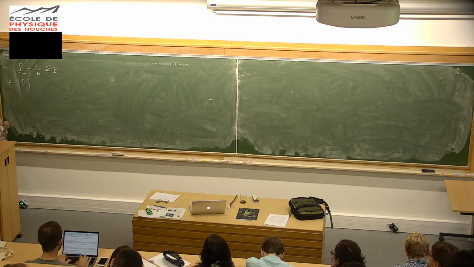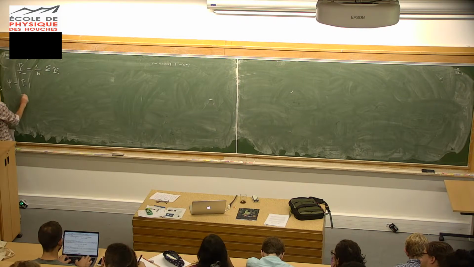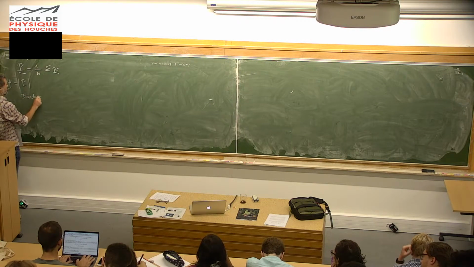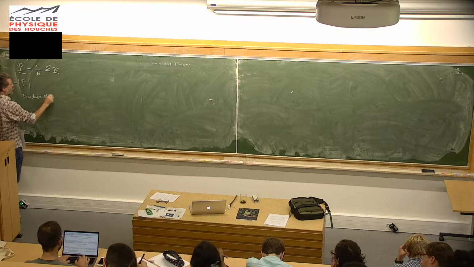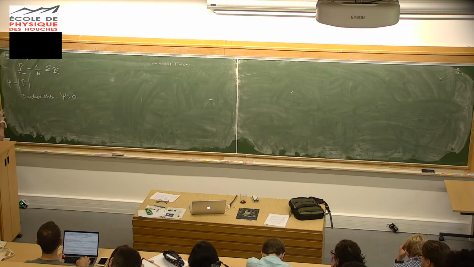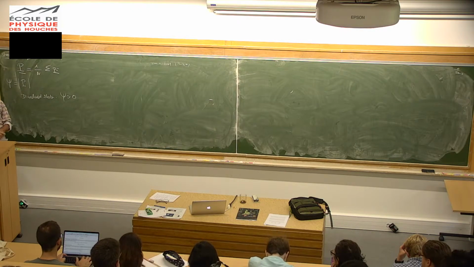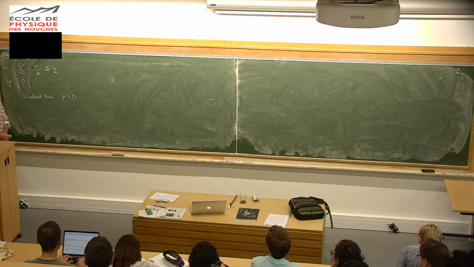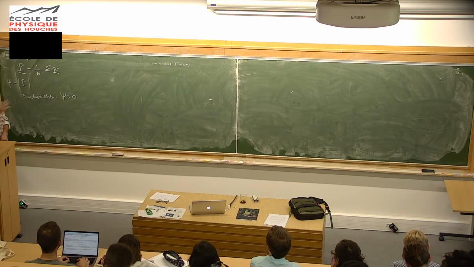And so I'm essentially interested in the following question. If I start with a disordered state, where psi equals 0, and there are some fluctuations, will this quantity grow or not? That's the question, whether I will have a chance to have a transition to collective motion or not. If it does not grow, then it will remain isotropic.